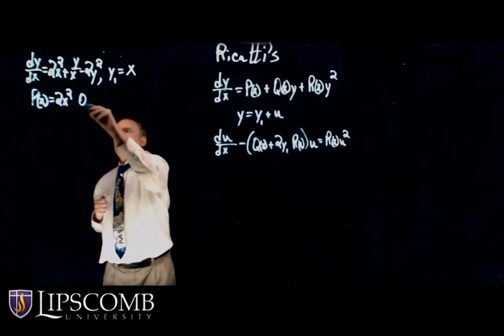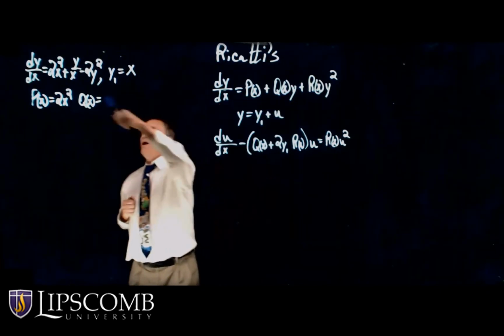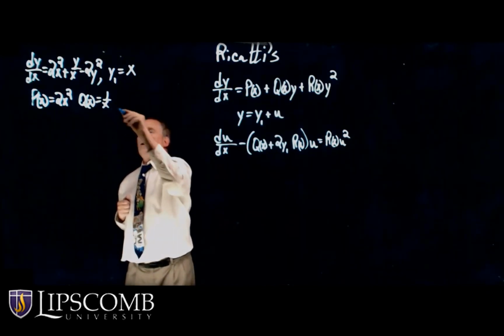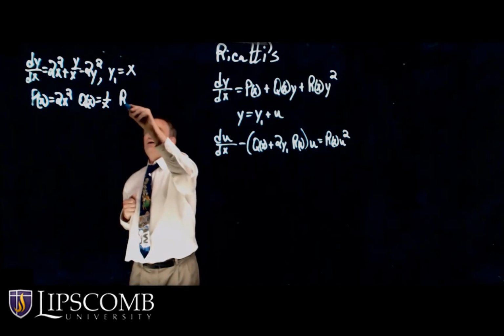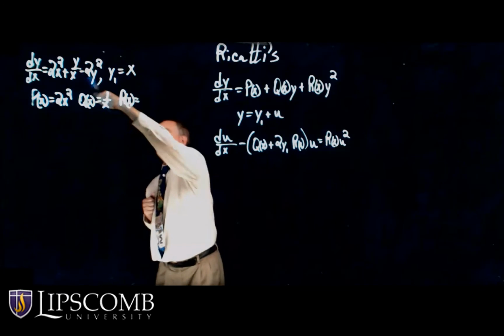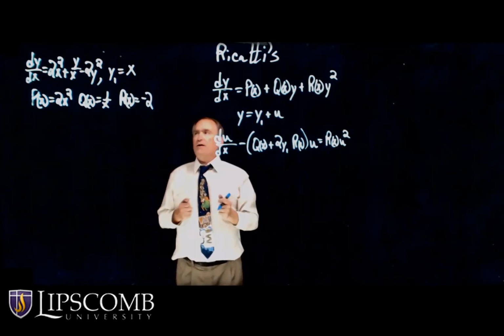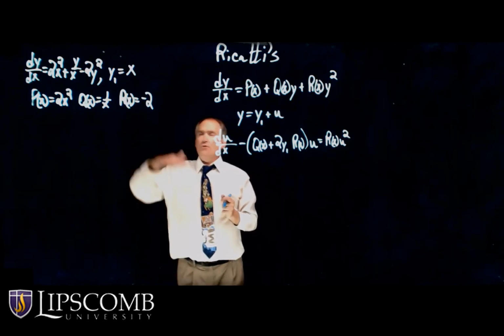Now q of x is the coefficient times the y, so in this case it'd be 1 over x. And then r of x is times the y squared, so if you look, that's a negative 2. So there we have our p of x, q of x, and r of x.